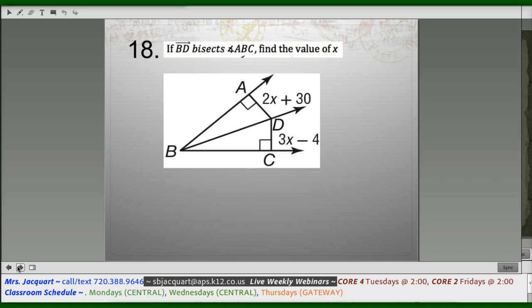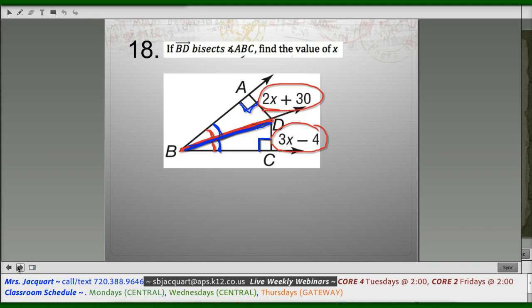Now what that means is this sucker equals that sucker, because we know that we have angle, angle, we have side, angle. Oh, hold on. Let's do it right. We have angle, side, angle.